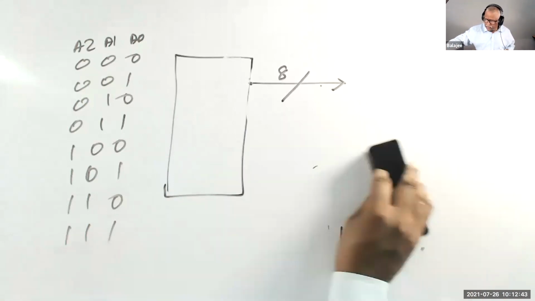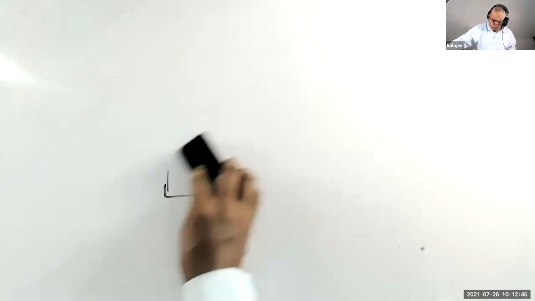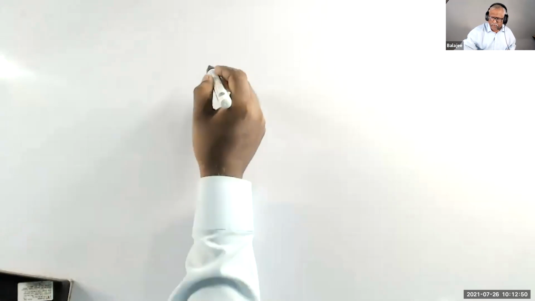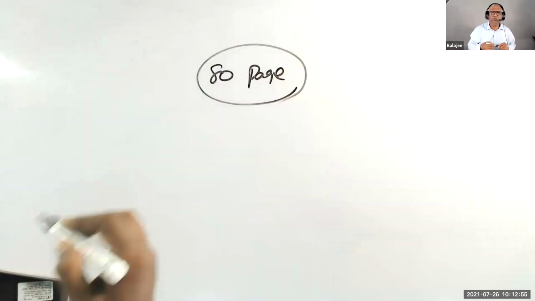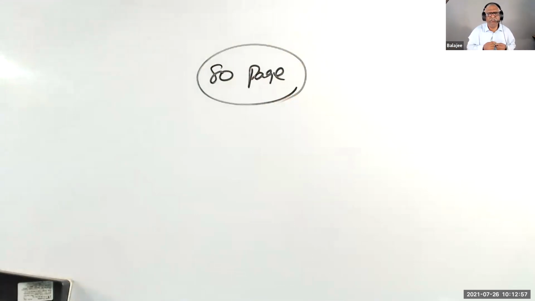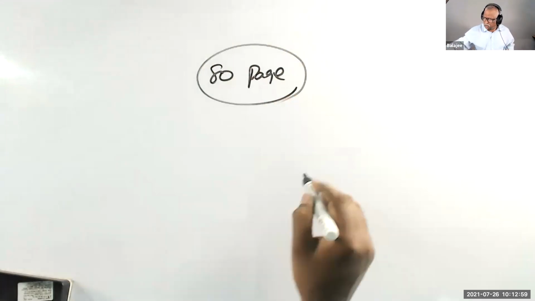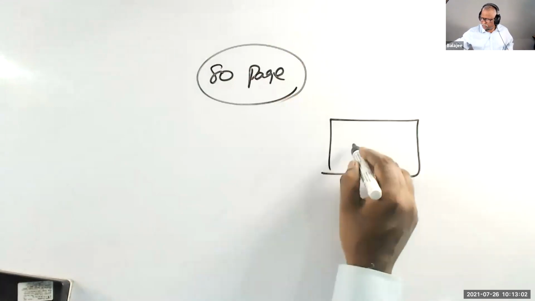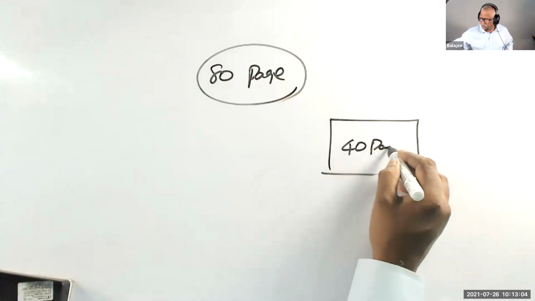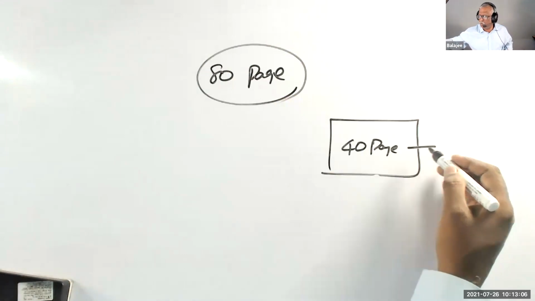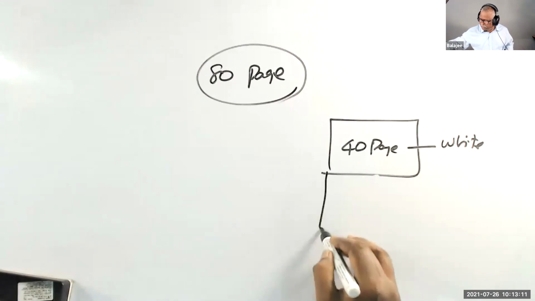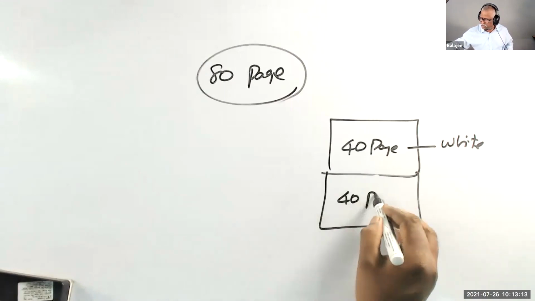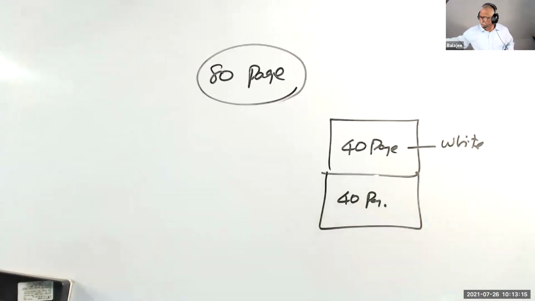Now, let us take it this way. Your teacher wanted an 80-page notebook, but she said one condition: the first 40 pages should be white and the second 40 pages should be blue.